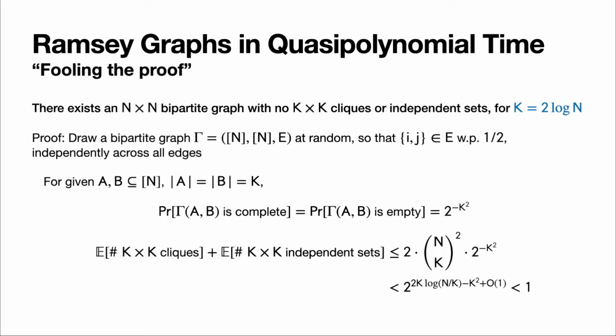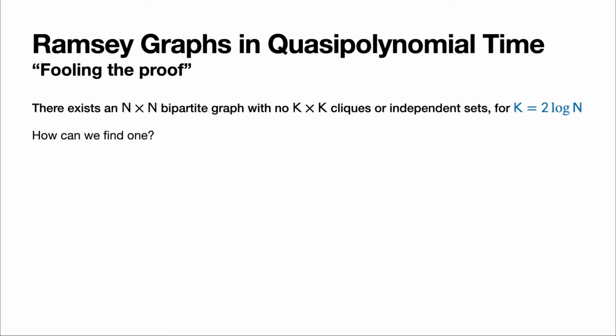So there exists such a graph. Okay? Simple. But we want to find one, and okay, the proof tells us that there is one, so let's brute force. But brute forcing takes time, which is exponential in the number of vertices of the graph. Okay, so this is the dominant factor.